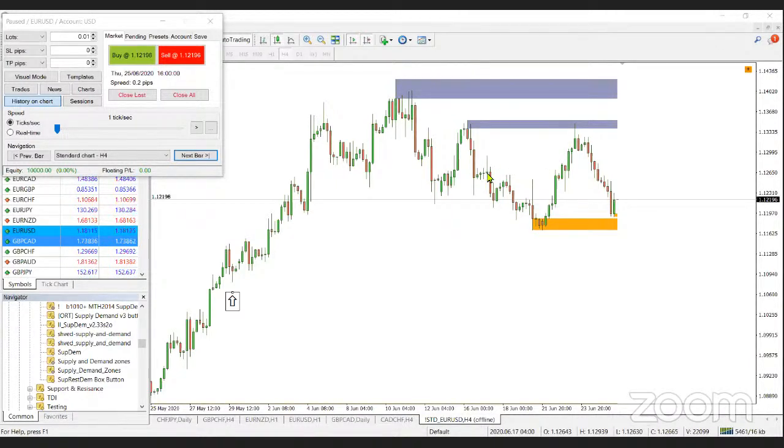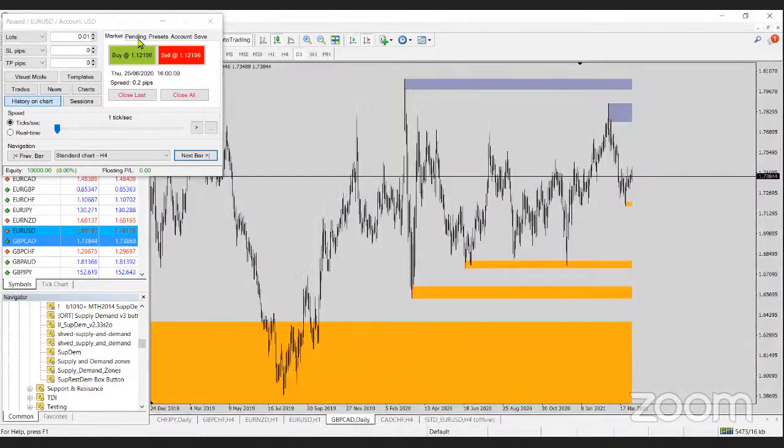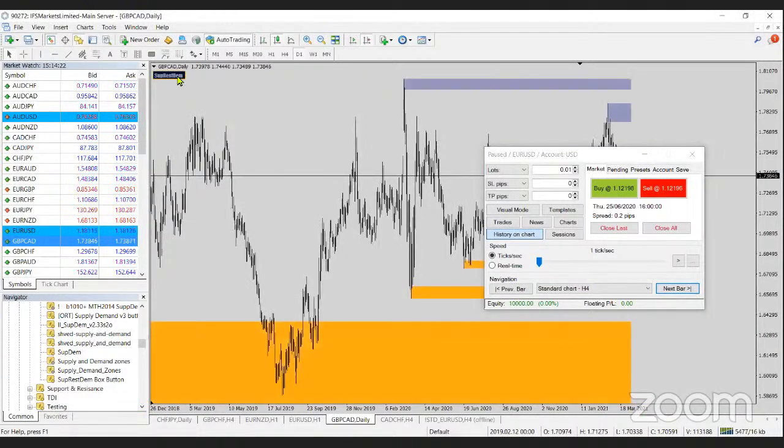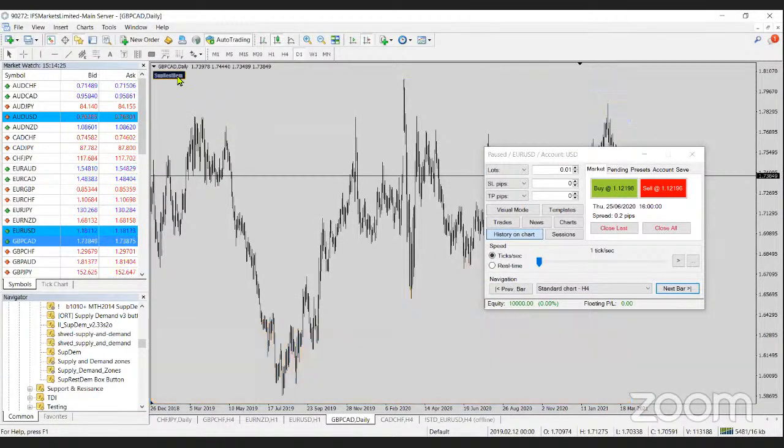Hey Gary, no, this is not the name of this indicator. This is not an EA. So from the link that you all downloaded, just look for the indicator supply and demand. Let me get rid of this. So this one is actually a button. You can enable or disable it, which I think is kind of useful.